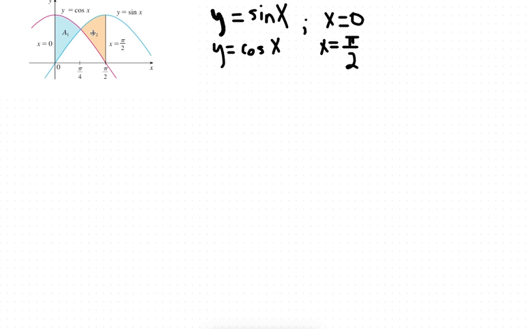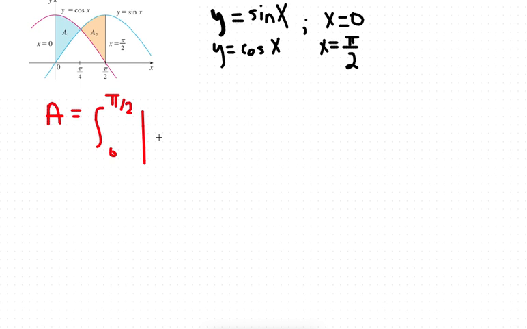So, since it's already graphed, we're just going to go straight to writing out the integrals for it. I'm going to change my color. So normally we will write it out like this. Area is equal to the integral from 0 to pi over 2. So normally you'd write it out like this if it's not a question where you have to split the areas up.